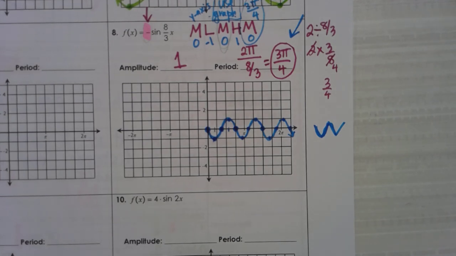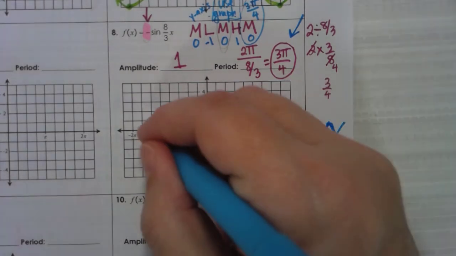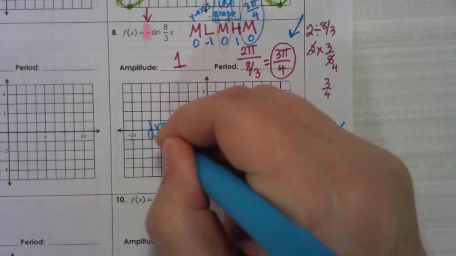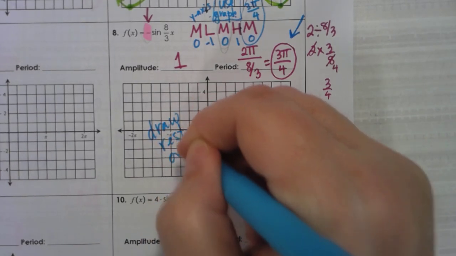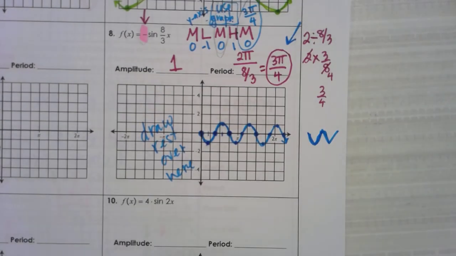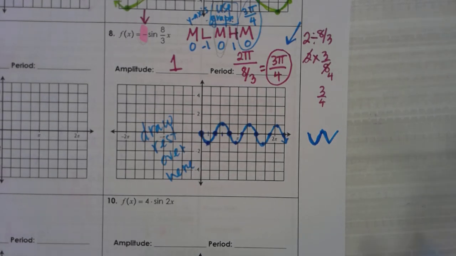And then you could draw the rest over here. Like if this was your assignment or this was a test or quiz or something, you would need to draw that all the way across the paper. Okay, I'm not going to do it right now.